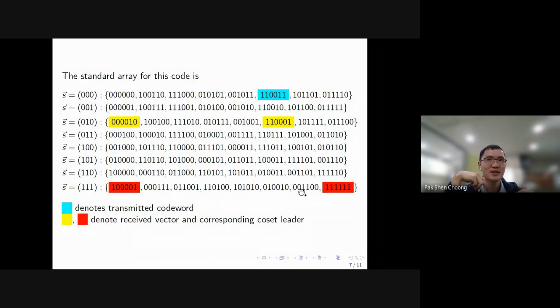So then you might think that, okay, if that's the case, I change this as my coset leader, then I can correct these errors to become this message, right?